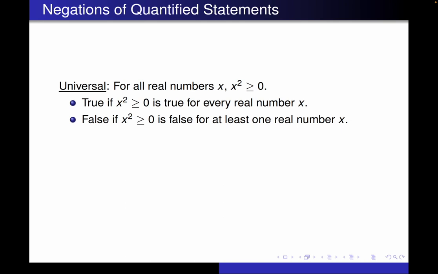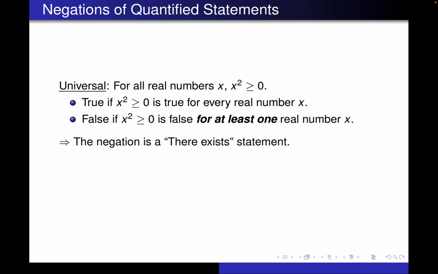And once again, we have some interesting language in what it means to be false: for at least one. For at least one, that is exactly what we mean by there exists. So the negation is going to be an existentially quantified statement.